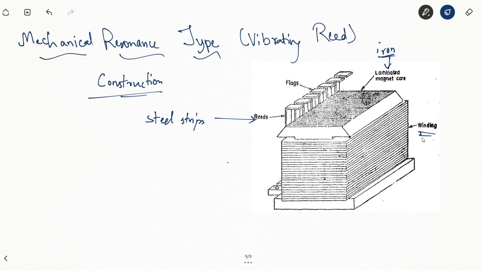These reeds are fixed at the bottom, while they are free at the top, and they are known as the flags. Now, construction wise, these reeds will not be of similar size and shape. They will be of different sizes and shapes, different size and weight.